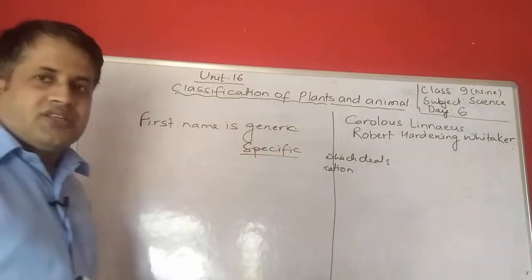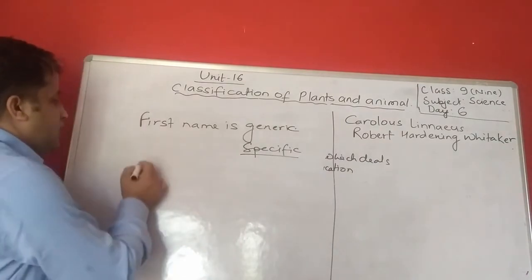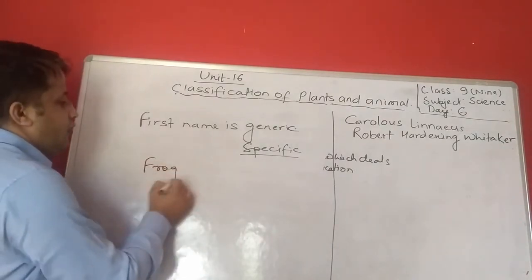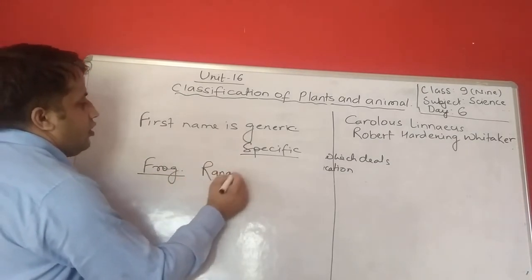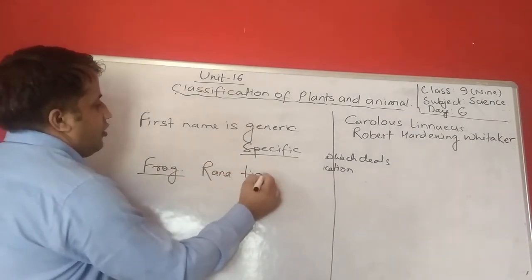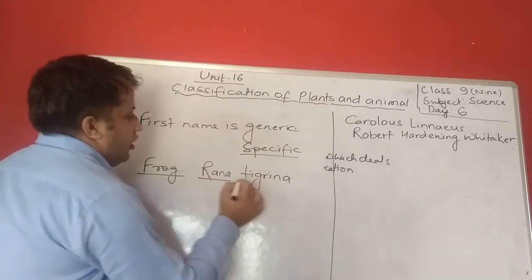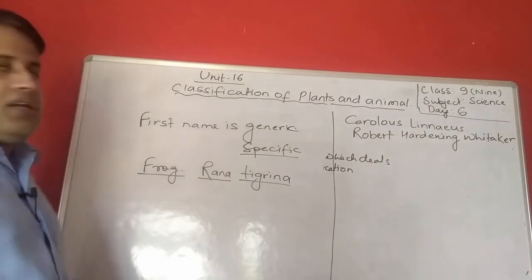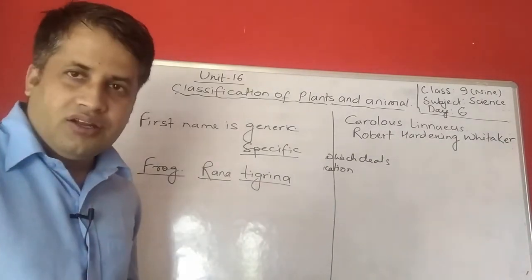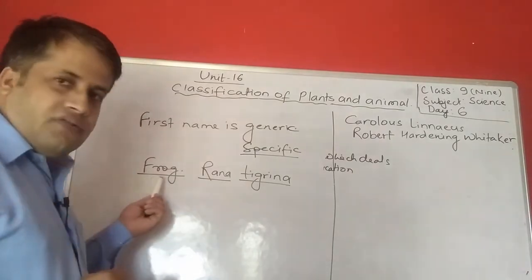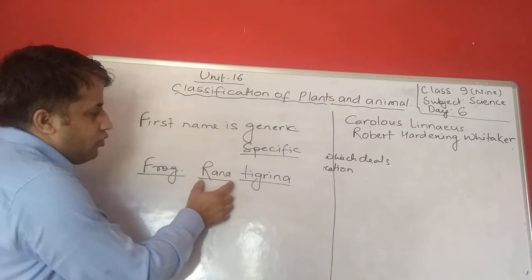For example, the scientific name of a frog, a simple one, is Rana tigrina. So Rana tigrina is the scientific name of a frog, which consists of two words.